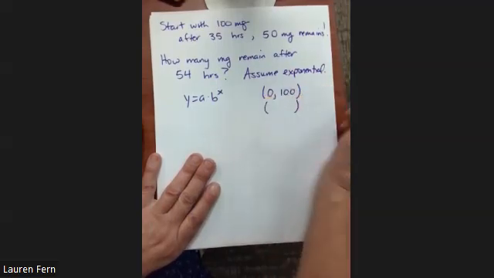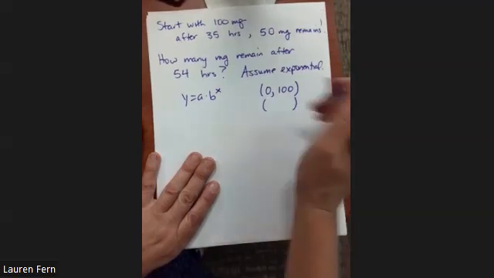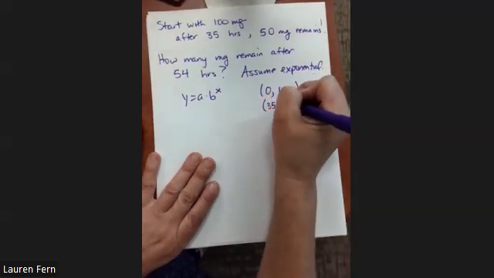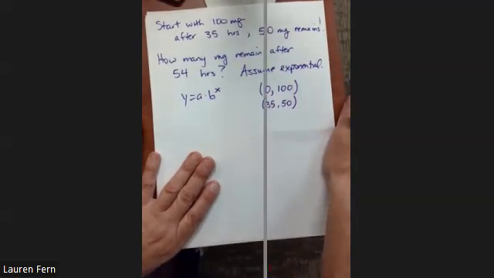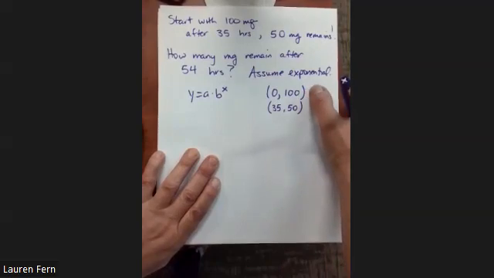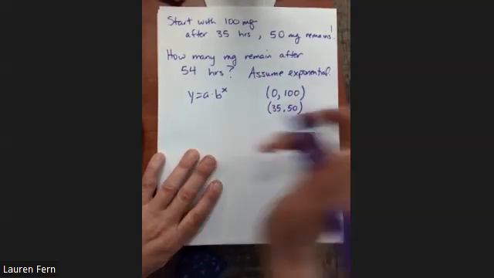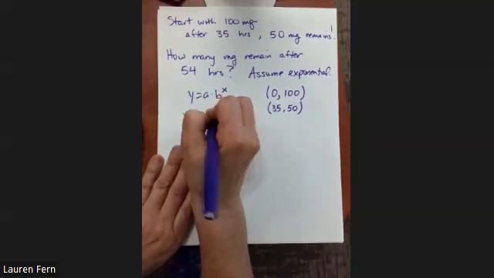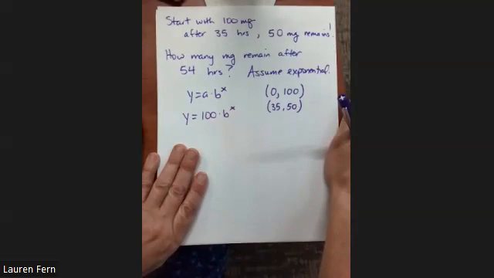And what would then be my other ordered pair? 35, 50. Now, why am I particularly excited about this first ordered pair? We do have the a value, right? We're given our initial value. That is a cause for celebration.